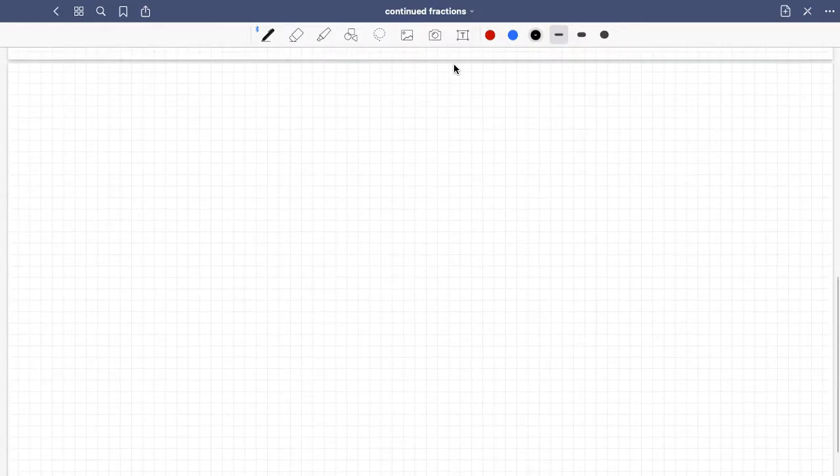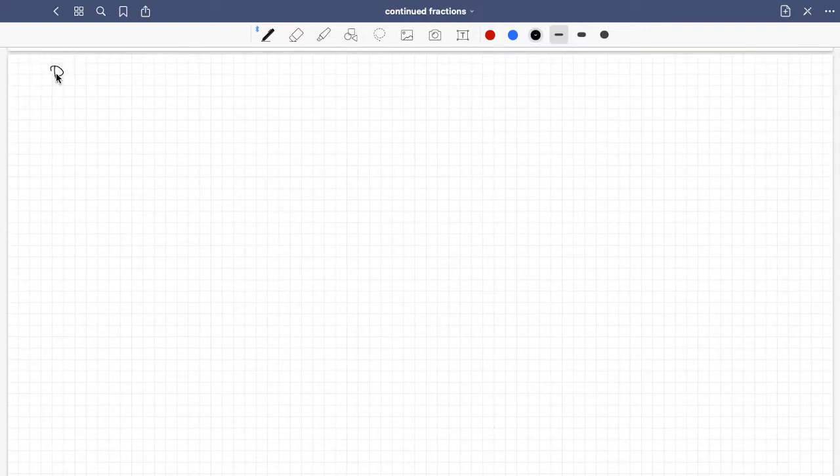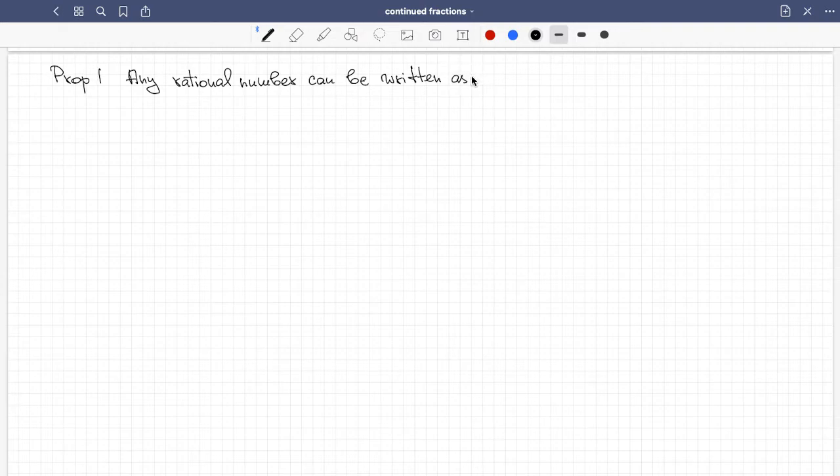That is proposition 1 in the text and here, that any rational number can be written as a finite continued fraction.